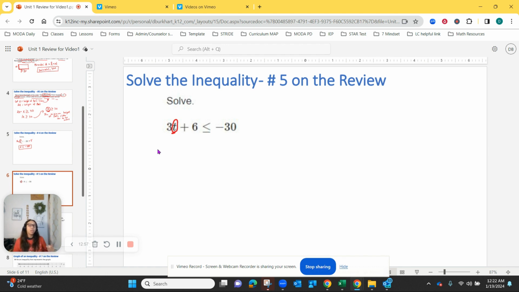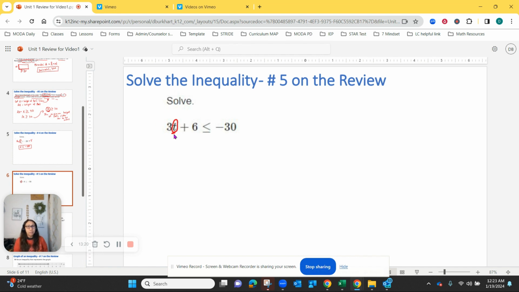Now, we've talked about order of operation before, but since we are looking for the value of t multiplied by 3, adding 6 is smaller than or equal to negative 30, and to solve for that t, we have to do the order of operation backwards.